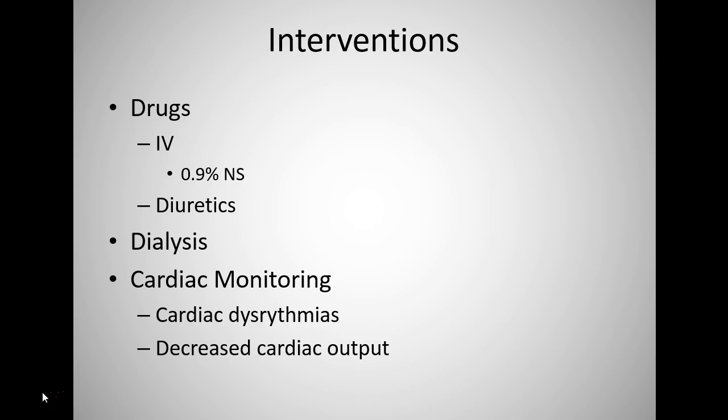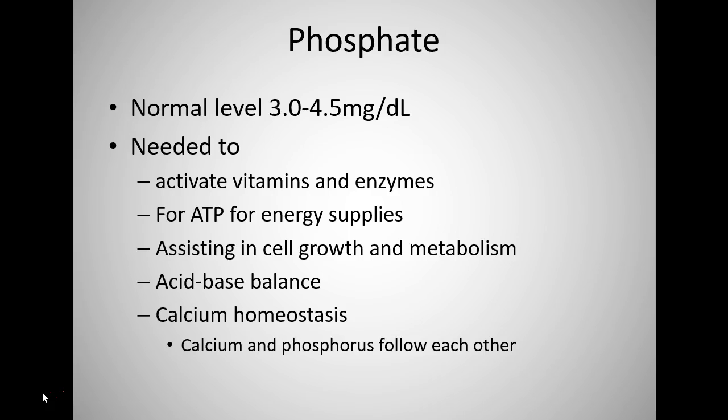You'll put them on a cardiac monitor to make sure they're not having any type of cardiac dysrhythmias, and you're going to also look for a decreased cardiac output. And as we go into cardiac, you'll hear about the calcium channel blocker medications, and like I said, we'll get into that further on.